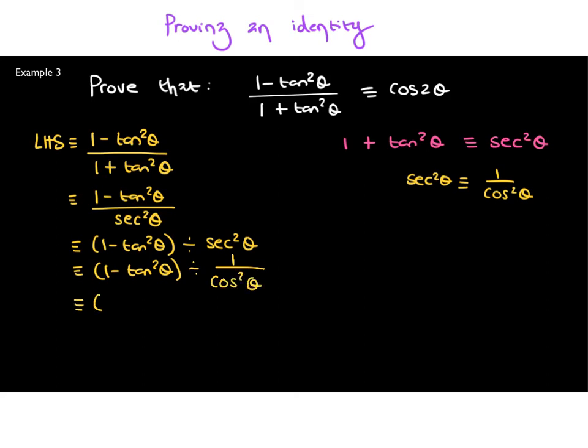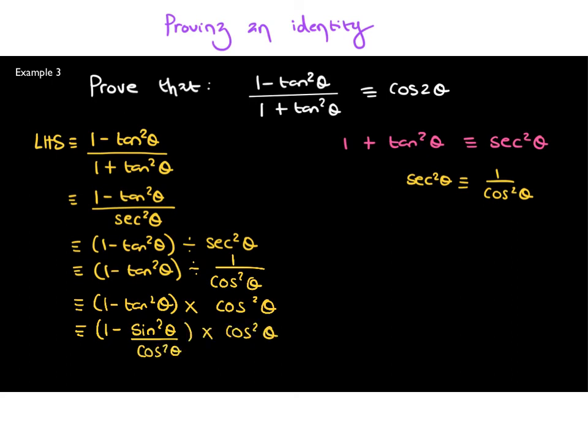And of course, thinking about how we work with fractions, we can replace that with multiply by cos squared theta. It's always tricky when there's a reciprocal trig function in a denominator. We get this effect here. Now, I'm going to rewrite tan squared theta as sine squared theta over cos squared theta, and then expand.